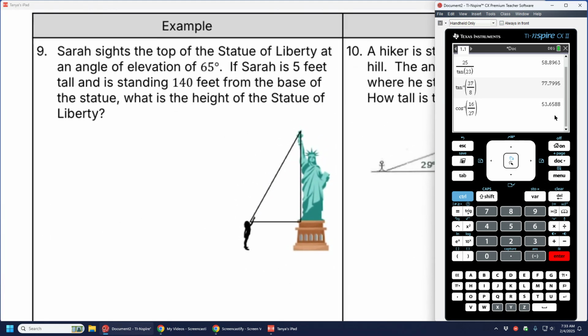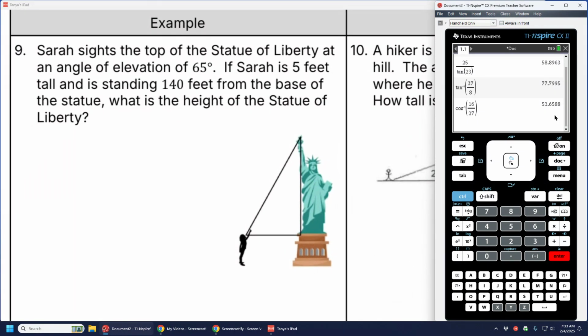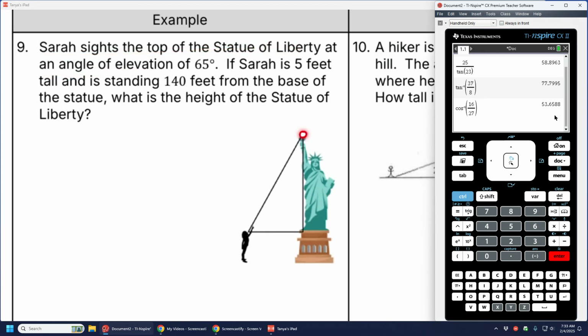Okay, number 9. Sarah sights the top of the Statue of Liberty at an angle of elevation of 65 degrees. Okay, so that first sentence, here's the top of the Statue of Liberty, here's Sarah. So from where she's at and she's looking up, that makes an angle of elevation of 65. So that is this part right here.